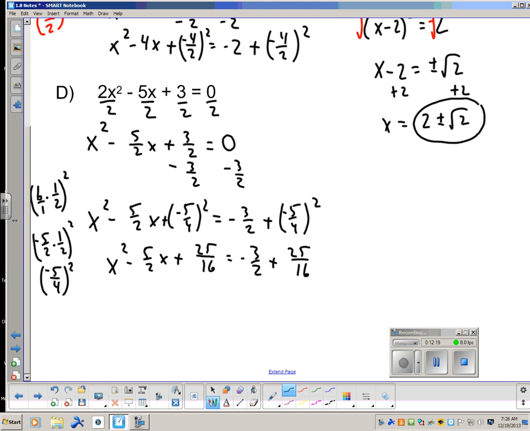Now I'm going to go ahead and factor this. What multiplies to give me a positive and adds to give me a negative there, it has to be a minus and a minus. The trick when you have something like this as your fraction here, if I go back over to here before I actually went ahead and squared this, that term there is actually what's going to go in here. So it's 5 fourths there.